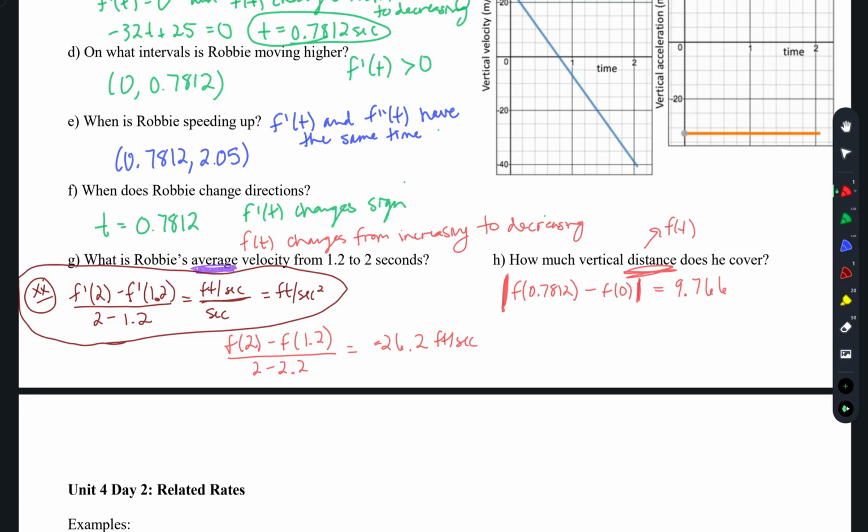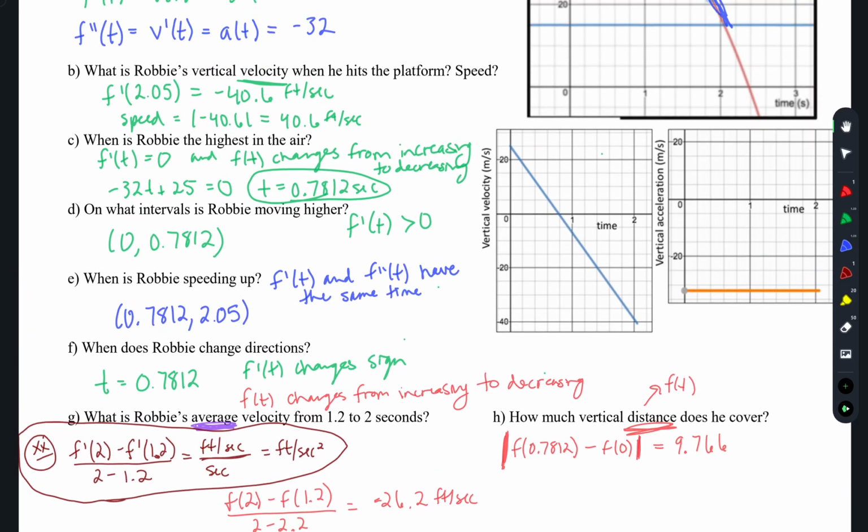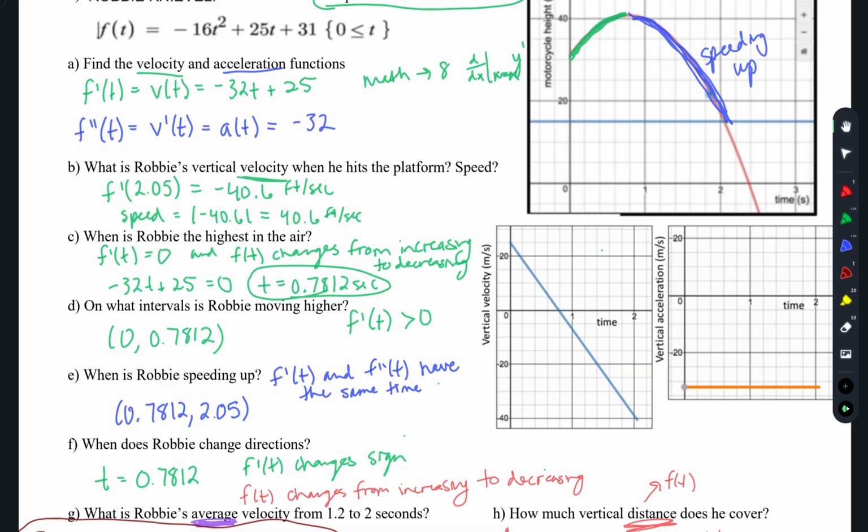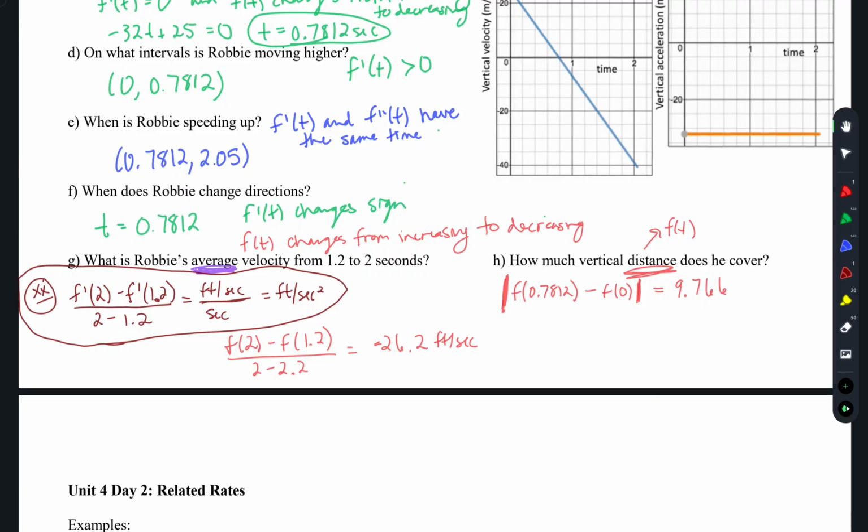But then the reason I need the bars is if I needed to figure out this distance, from this y to this y, I need to make sure that I get a positive number, not a negative number. So that's why I'm going to take when he landed minus the position, or you could just realize that and switch it and not deal with absolute value, whatever you want.